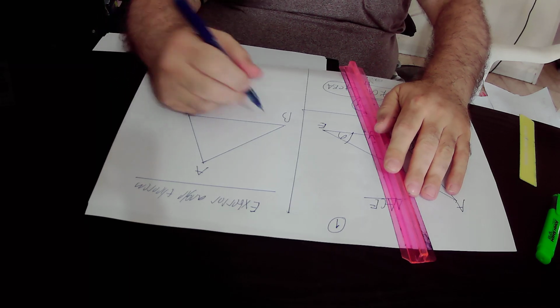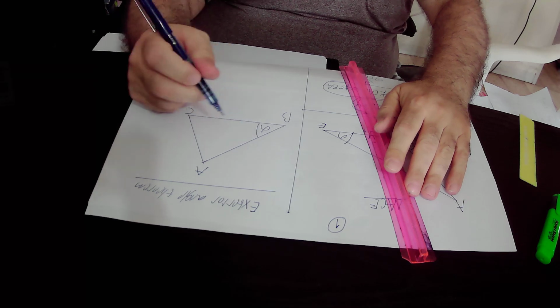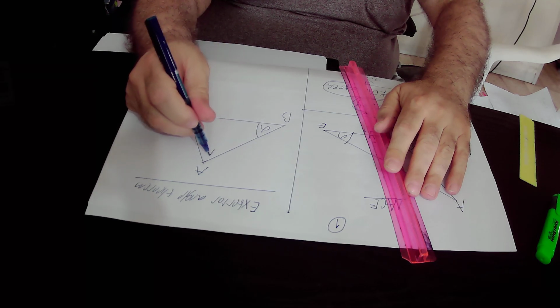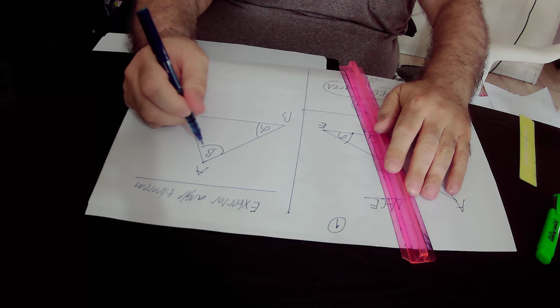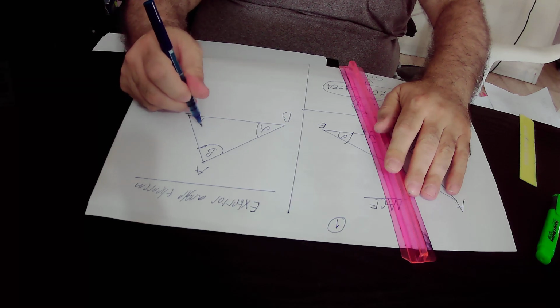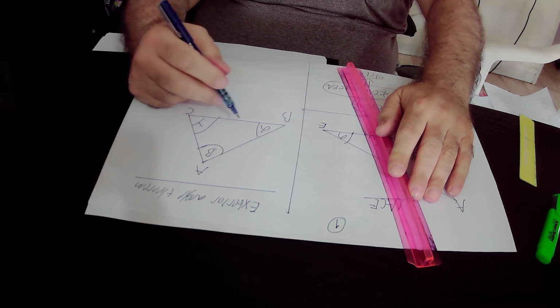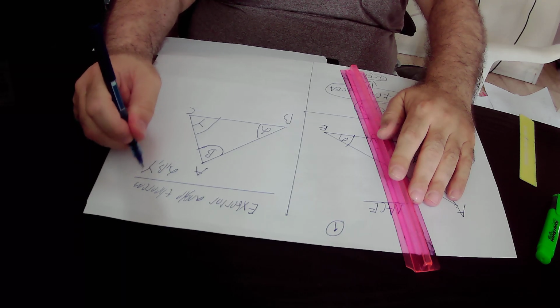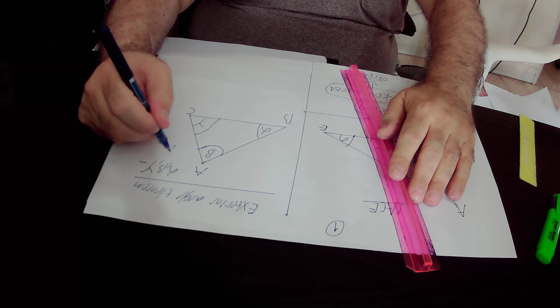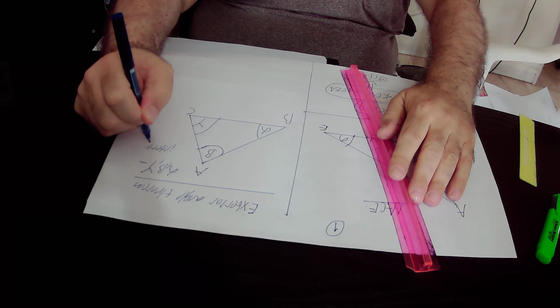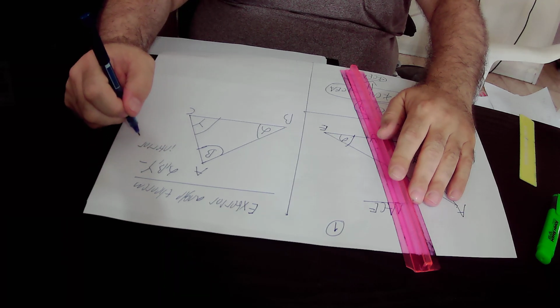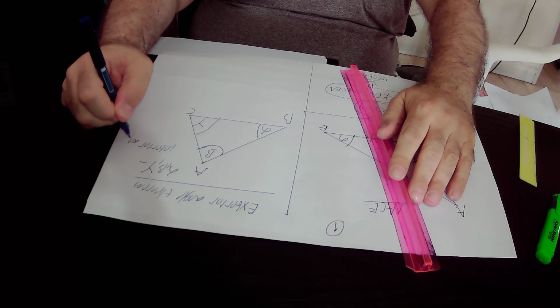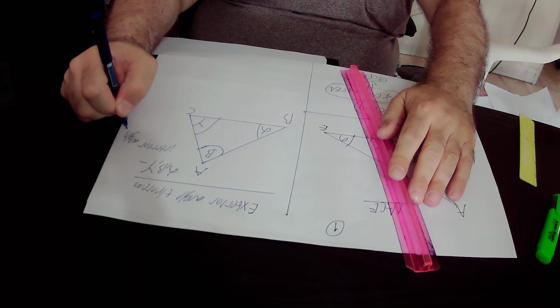Angle ABC equals alpha, angle BAC equals beta, and angle ACB equals gamma. So those three angles, alpha, beta, and gamma, are defined as interior angles. Why? Because they are located inside triangle ABC. Therefore, they are defined as interior angles.